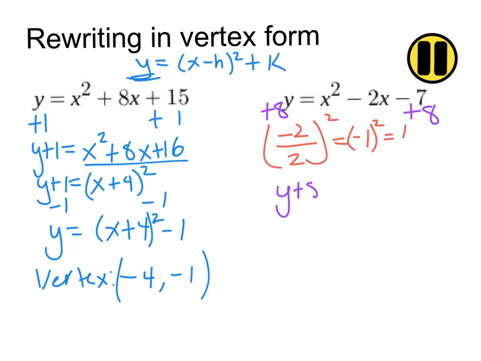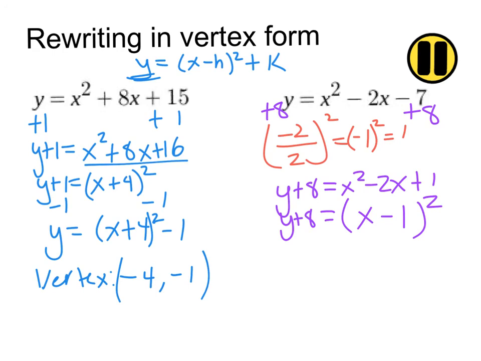So y plus 8 equals x squared minus 2x plus 1. So this becomes x minus 1 squared because of that minus 2x. And then I'll subtract that 8 back away. And my vertex will be at 1, negative 8.